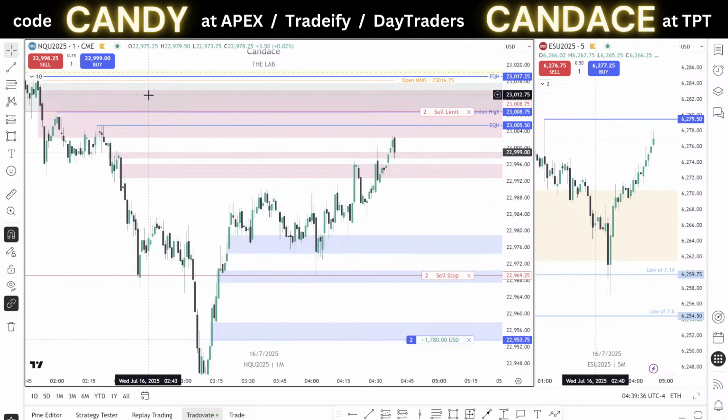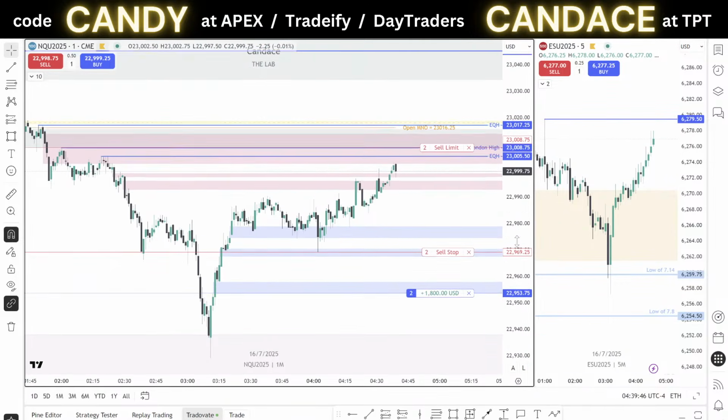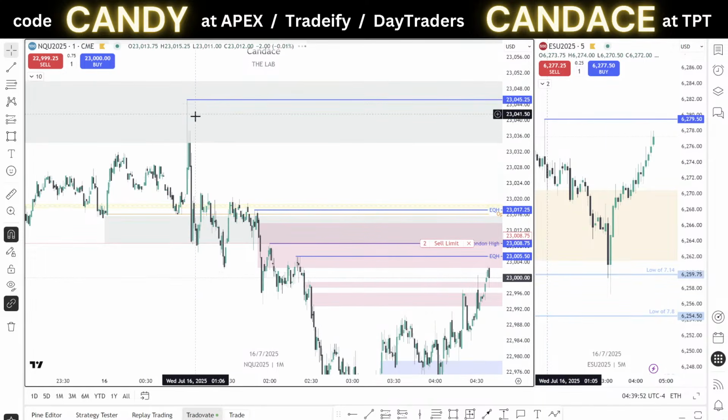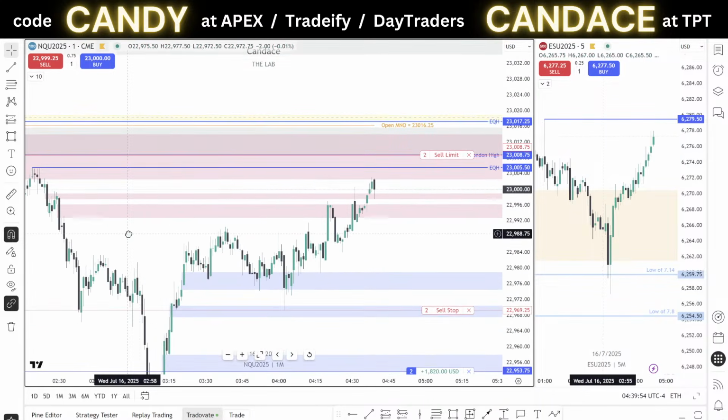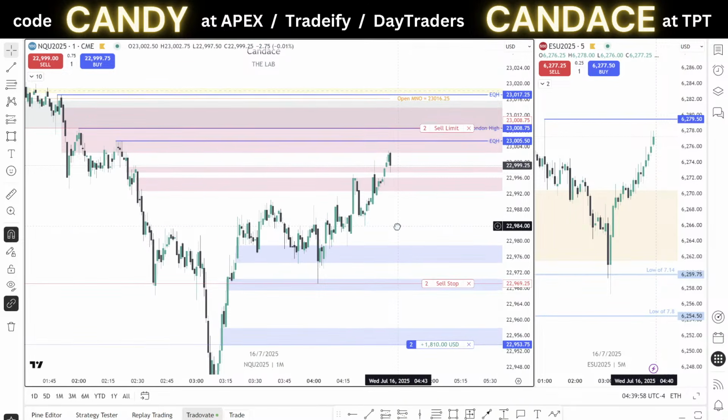So that's one of the most important PD arrays. Also, Asia highs got swept this week, so it's not a valid level anymore because it's swept, so it's not useful.